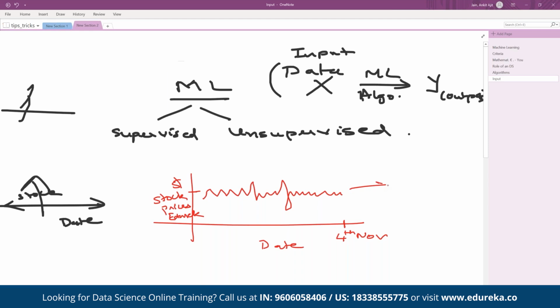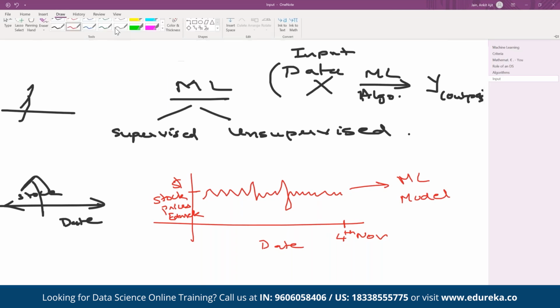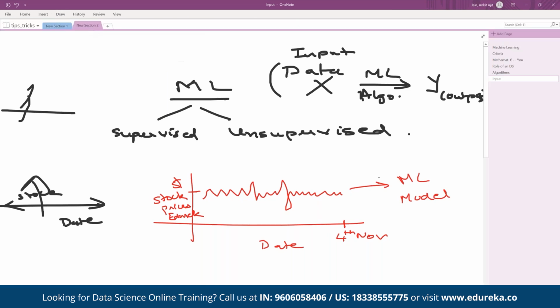Suppose we feed this data into a machine learning model. It can now be used to predict for the next day, that is 5th of November, 6th of November.